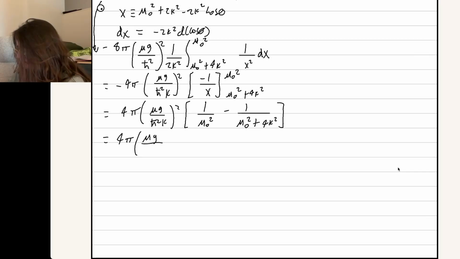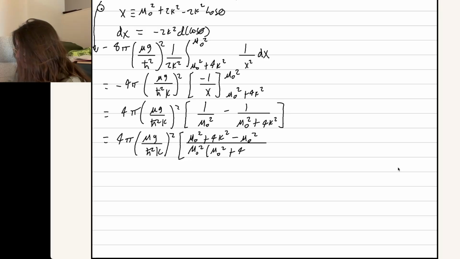So without changing around the factors outside just yet, I'm going to combine these under the same denominator, so we'll have mu naught squared plus 4k squared minus mu naught squared all over mu naught squared times mu naught squared plus 4k squared. And then these will cancel out, and that's fun. We can factor out that 4 to get 16 pi, and then the k's will cancel out, so we have just mu g over h bar squared all squared.